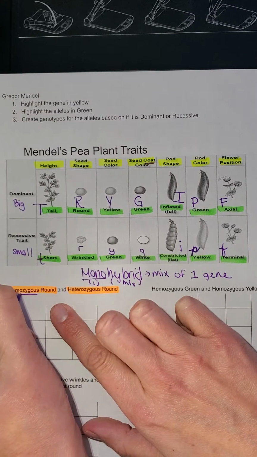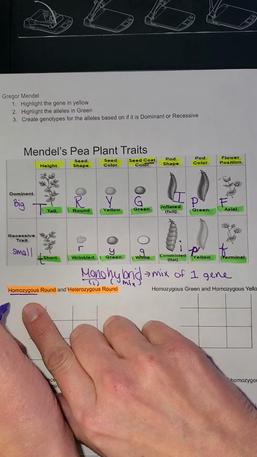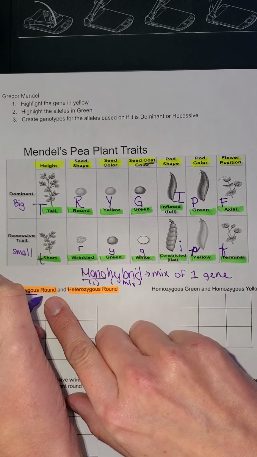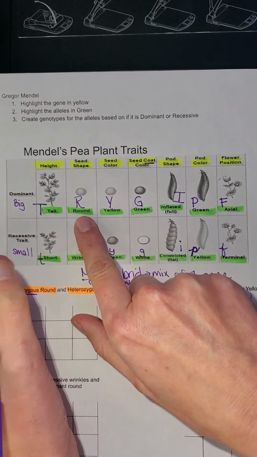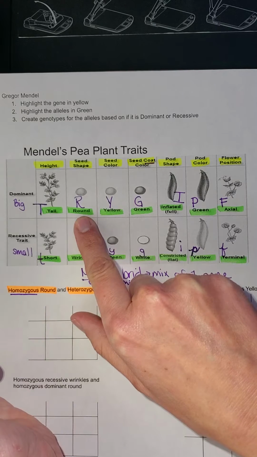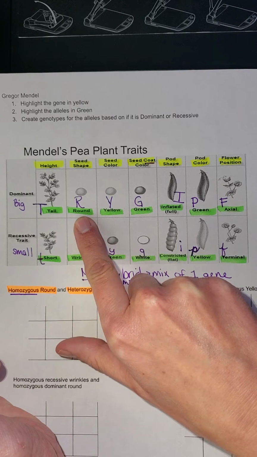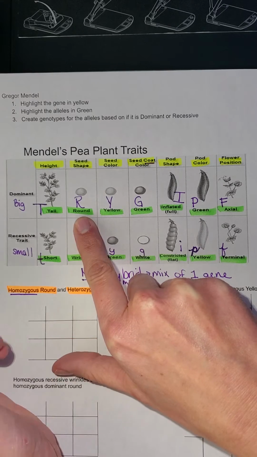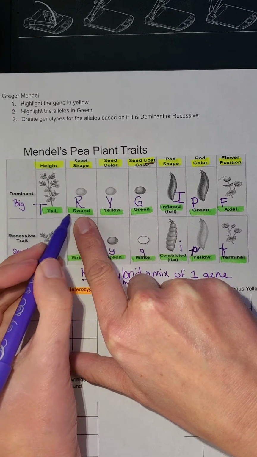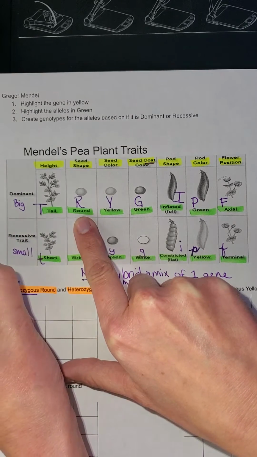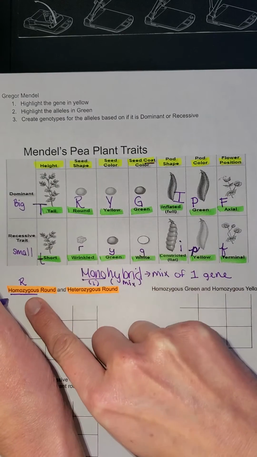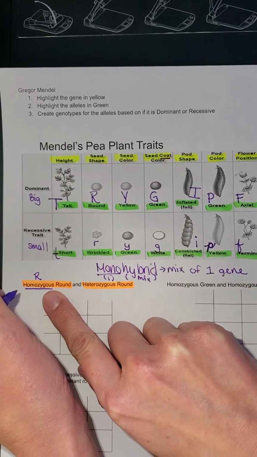So homo means same. So homozygous round. What is round? Dominant or recessive? Think. Don't blurt it out. So round is dominant. So it's going to be big R, and it's homozygous, right?